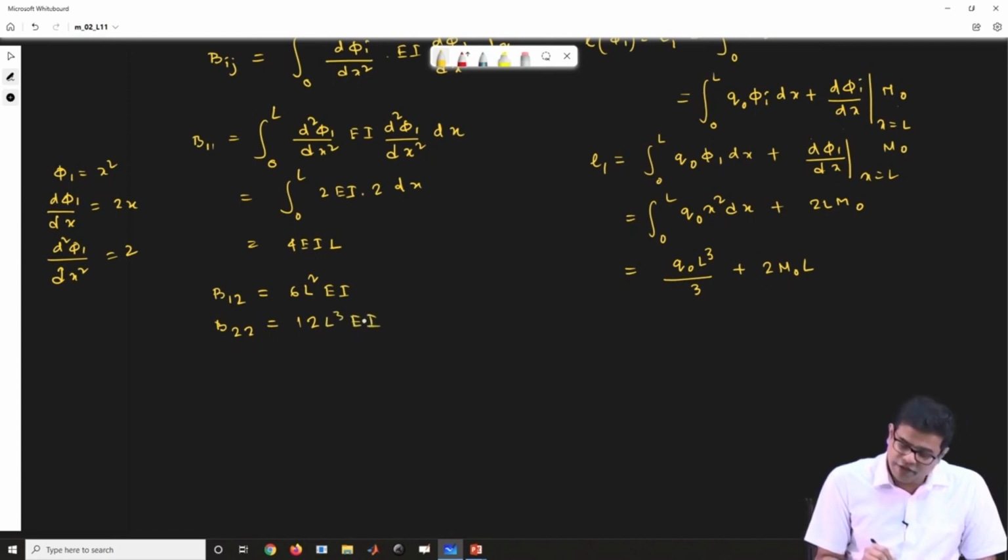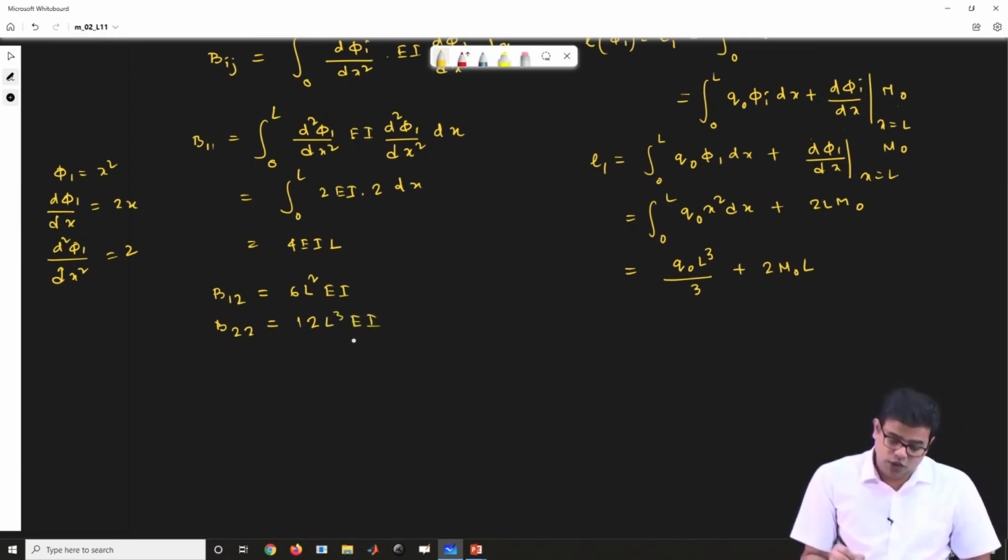So the terms are very familiar to us, because we know from the stiffness matrix of a beam that 2EI by L square, 4 EI by L, 12 EI by L cube, these terms we are familiar with.